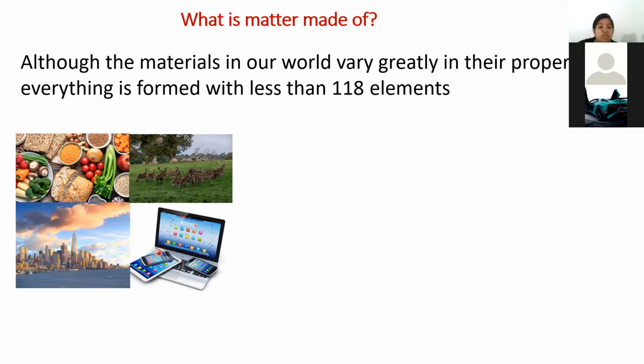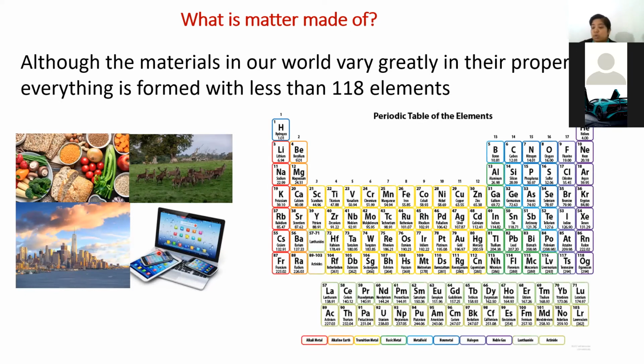But all these things are made out of a very small number of elements. Actually, it is less than 100 elements. So less than 100 elements give this kind of huge diversity.